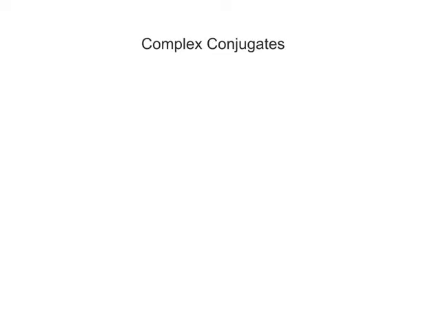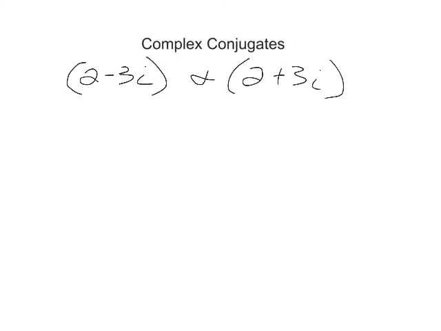One will have one sign on the imaginary part, and the other complex number will have the opposite sign on the imaginary part only. So they're the same two numbers, but with opposite imaginary terms. For example, 2 minus 3i and 2 plus 3i. Another set of complex conjugates might be 4i and negative 4i.